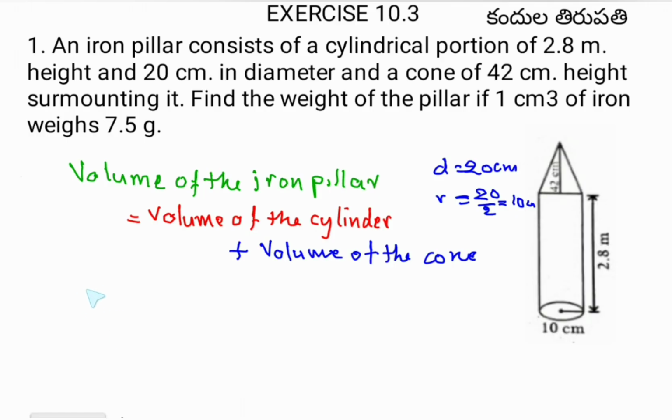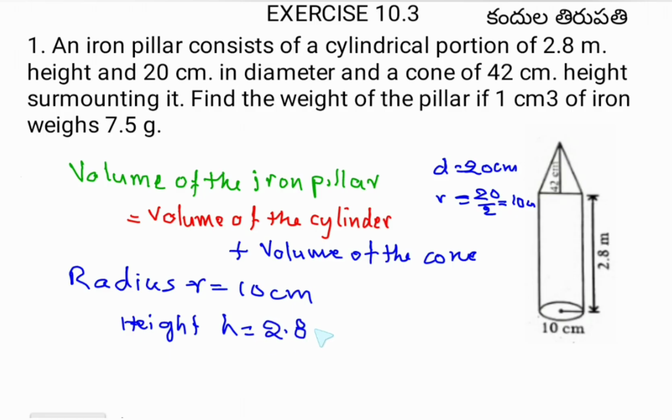Now the radius is r equal to 10 centimeters and height h is equal to 2.8 meters, that equals 2.8 into 100, because here centimeters is there, we should change meters into centimeters.